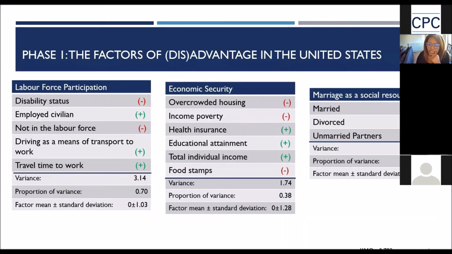So for phase 1, I found 3 factors of advantage after running the analysis. And I'm calling them advantages because of the direction of the relationship that these individual variables have with their respective factors that I note on the slide.